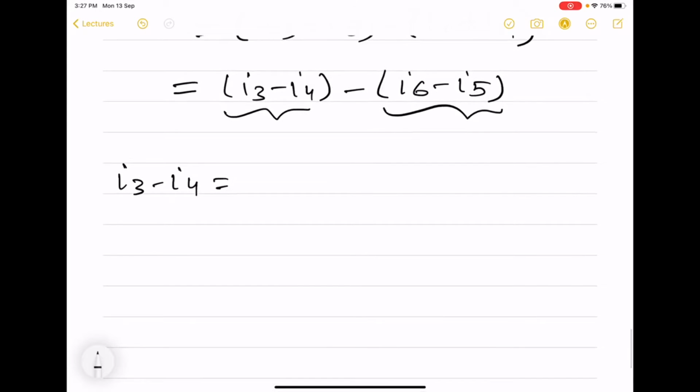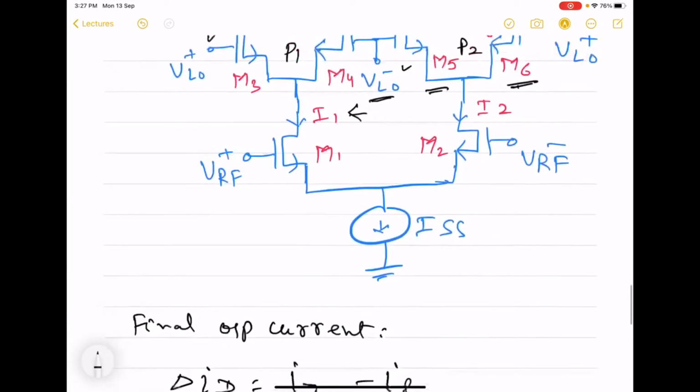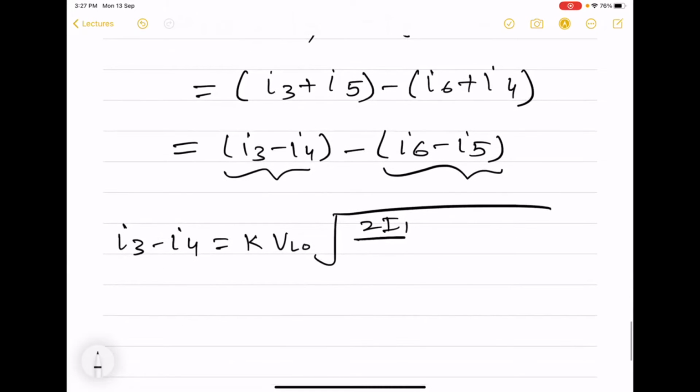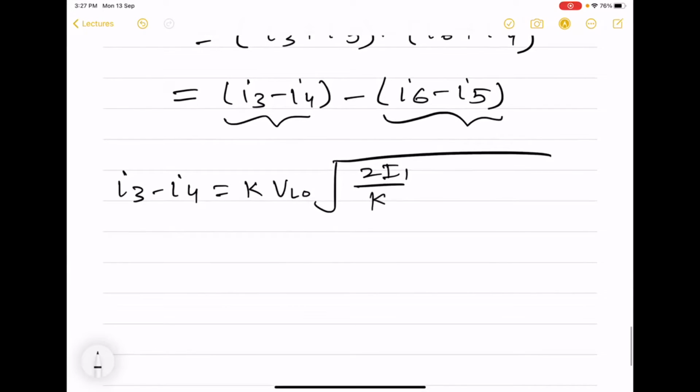So this thing we have already derived, and this can be written in terms of K into the input voltage multiplied by square root of 2 times its tail current, which is I1 here, divided by K minus the square root of the input.